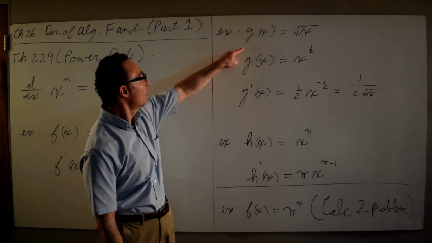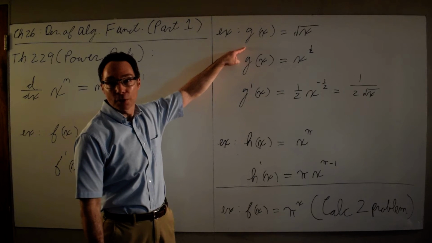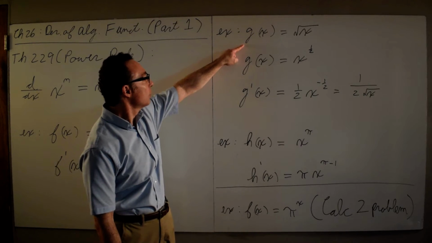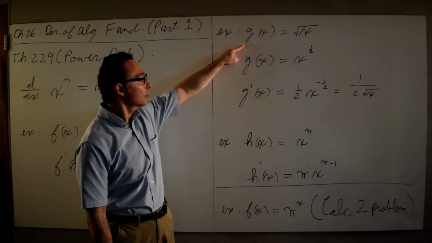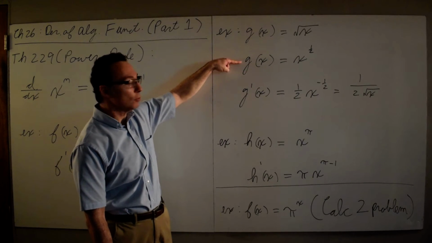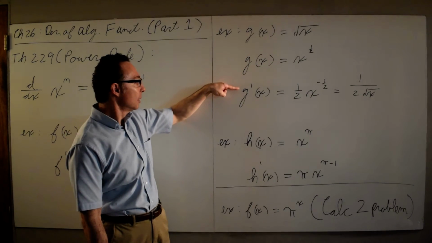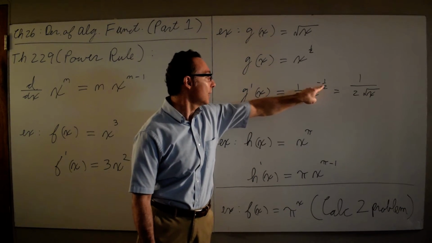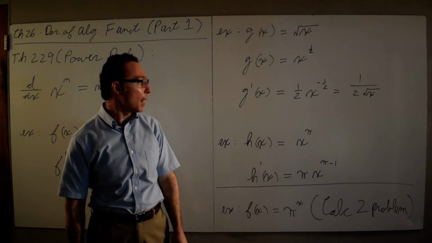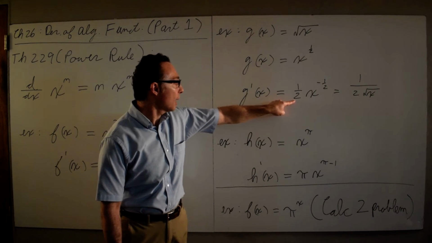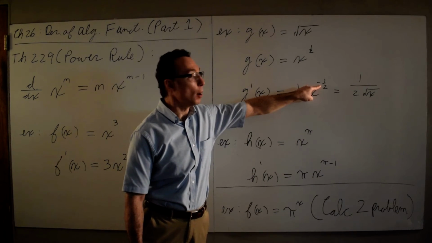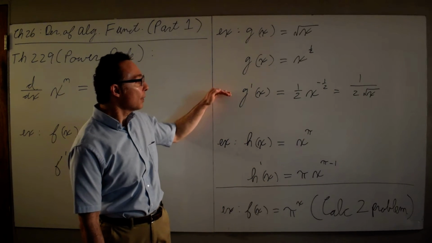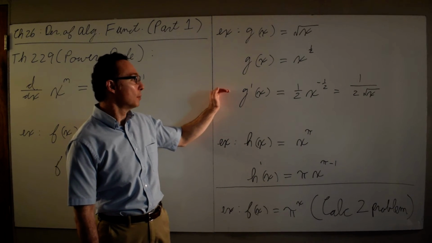So, for example, if g of x is x to the 1/2 power, which we can write the square root of x is x to the 1/2. So if g of x is x to the 1/2, the derivative of g is 1/2 x to the negative 1/2. So we just use the power rule. Multiply by 1/2, then we have 1/2 minus 1. And then we can rewrite that as 1 divided by 2 times the square root of x.